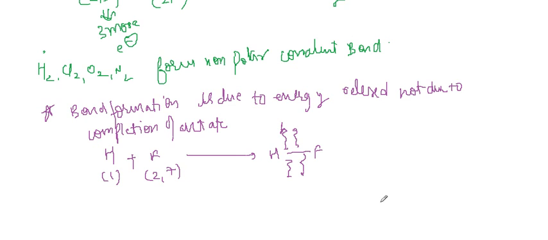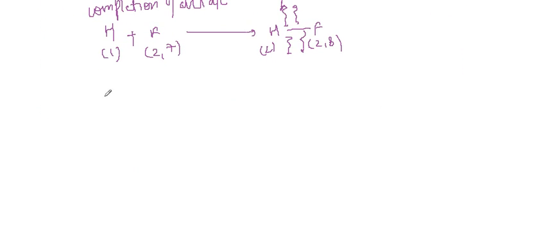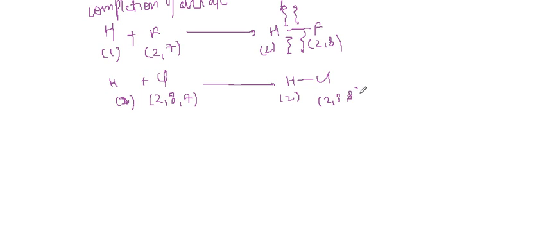So now we know hydrogen fluoride, here hydrogen has 2 electrons and fluorine has 2, 8 electrons. So this is also not an example of completion of the octet. If we talk about hydrogen chloride, H has 1 electron and Cl has 2, 8, 7 electrons. Now forming HCl, H has 2 electrons and Cl has 2, 8 electrons.